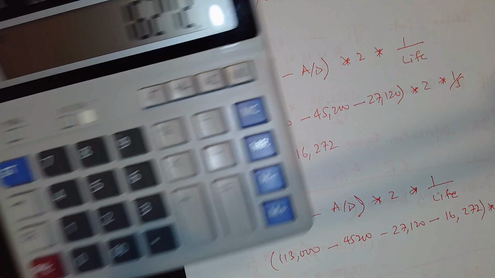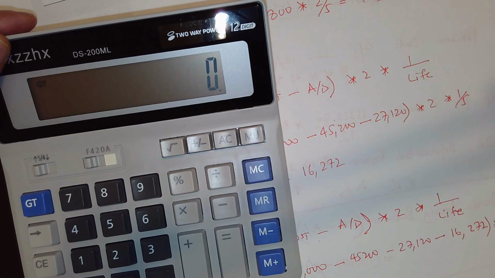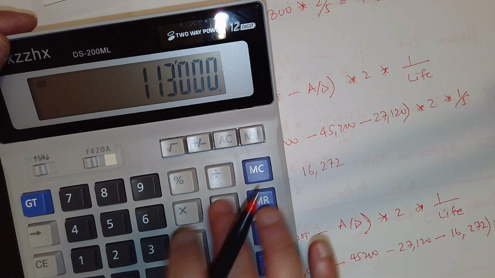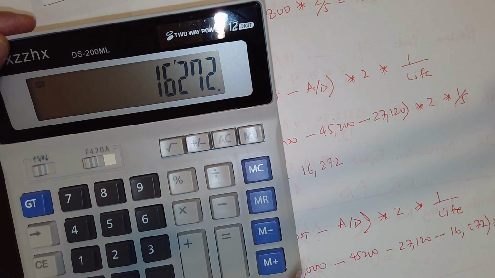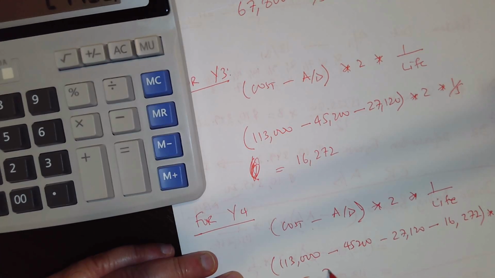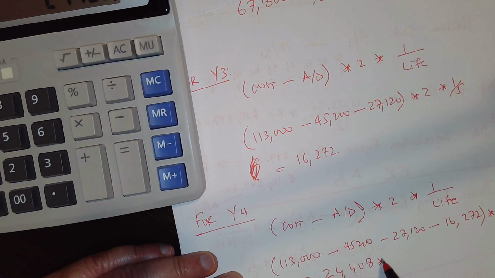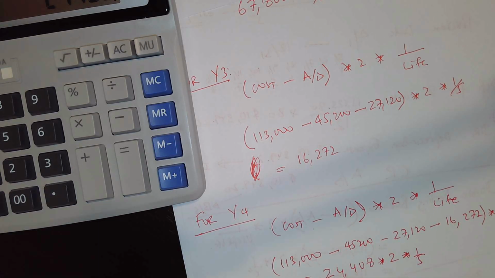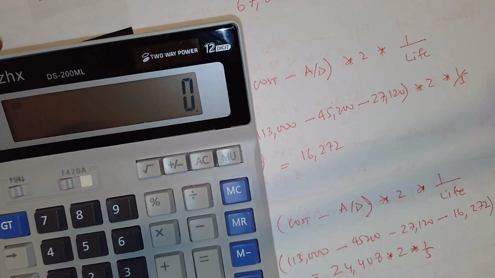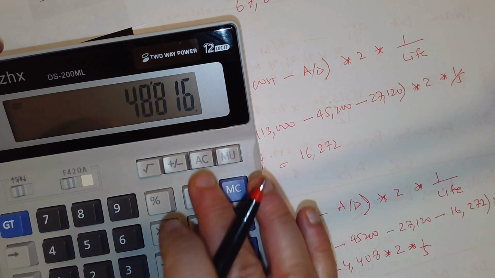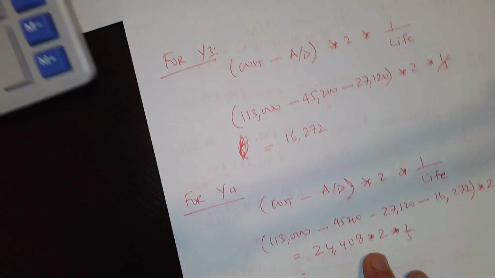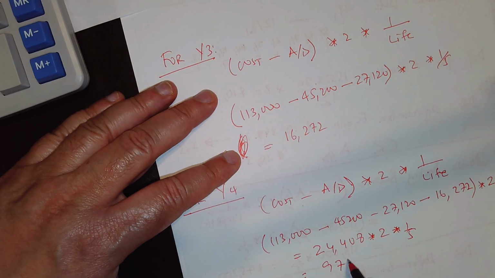So when we subtract all of it, it is 113,000 minus 45,200 minus 27,120 minus 16,272. That gives us 24,408. We multiply by 2 and divide by 5. So 24,408 multiplied by 2 divided by 5 is 9,763. So I'm going to show you on another page.